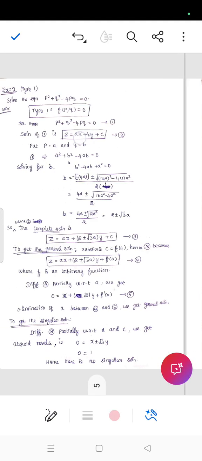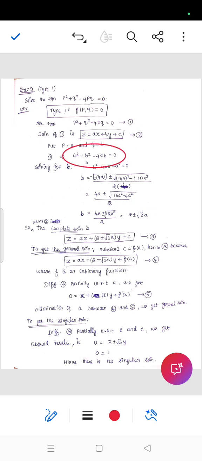So இதில் இருந்து b in terms of a கண்டுபிடிக்கிறேன். அப்போ b யோட value பார்த்தீங்க அப்படின்னா 4a plus or minus square root of 12a square by 2 that is 2 plus or minus root 3 a ன்னு கிடைக்குது. First step என்ன பண்ணணும், is it equal to ax plus by plus c போட்டுருணும். அதுக்கப்புறம் put p equal to a and q equal to b in the given problem. அந்த problem இல் p க்கு a னும் q க்கு b னும் replace பண்ணிவிட்டு find எல்லாமே a b யில் convert ஆயிரும். Convert ஆன equation ஐ நம்ம என்ன பண்ணணும், b in terms of a எல்லாத்தையும் கண்டுபிடிச்சி ஒரே variable க்கு அந்த solution is it equal to ax plus b க்கு பதிலாக a structure இல் கொண்டு வந்து எழுதிட்டீங்கன்னா it is called complete solution. So அதுதான் equation number 3.